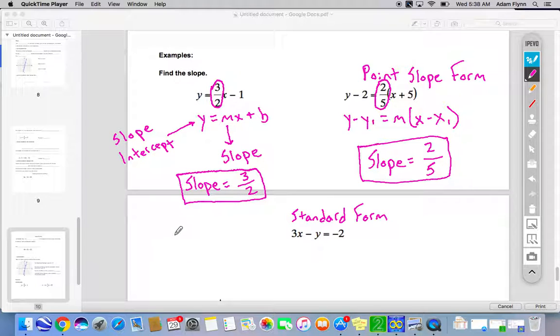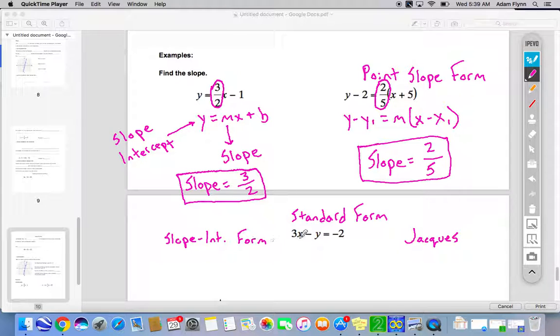So we'll do both. So let's do slope-intercept form over here. And we'll do the Jake's method over here.